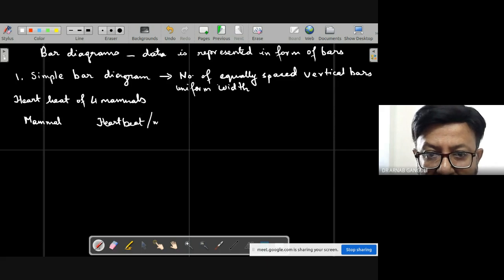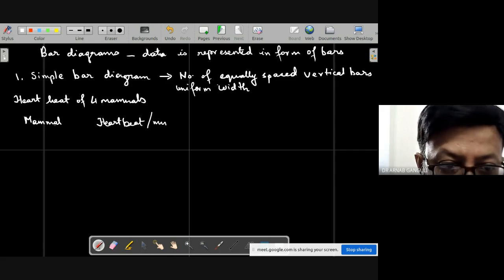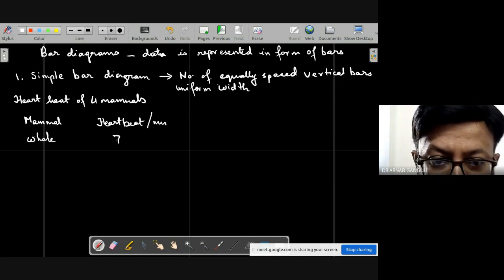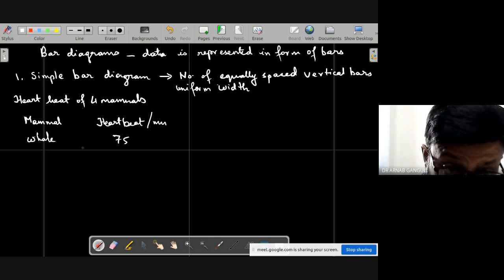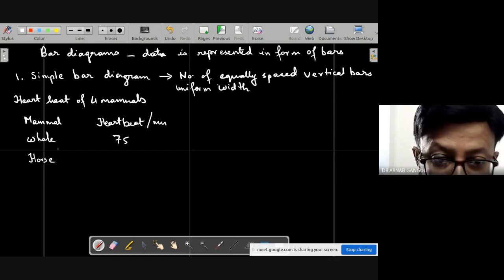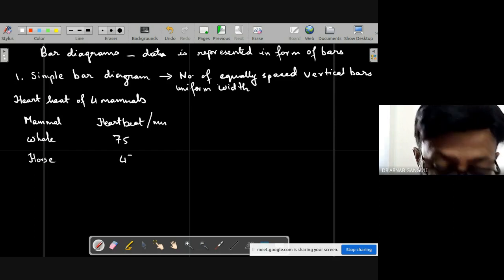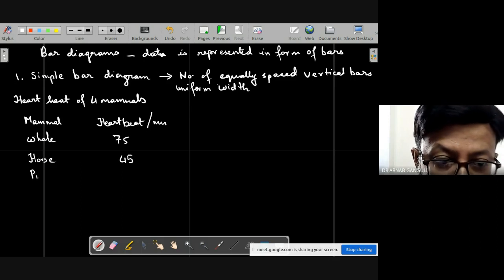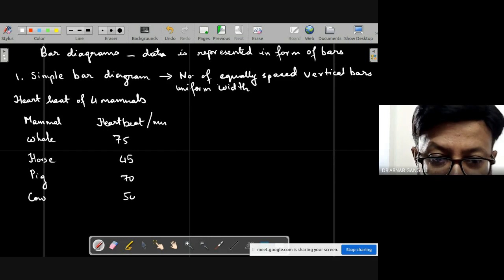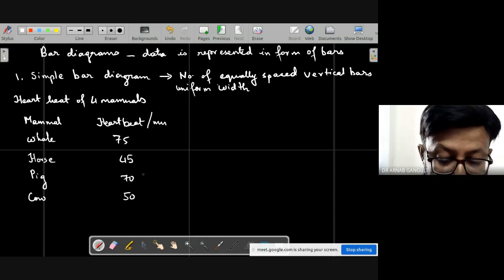First let's see whale, 75 beats per minute. Then horse, 45 beats per minute. Pig, 70 beats per minute. And cow, 50 beats per minute. Now you are trying to draw this.